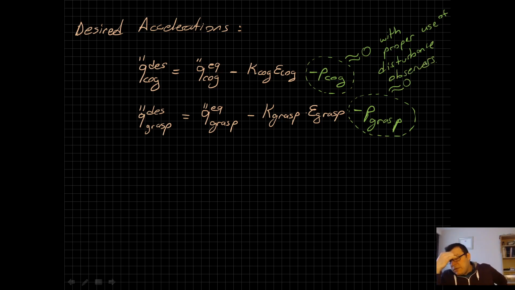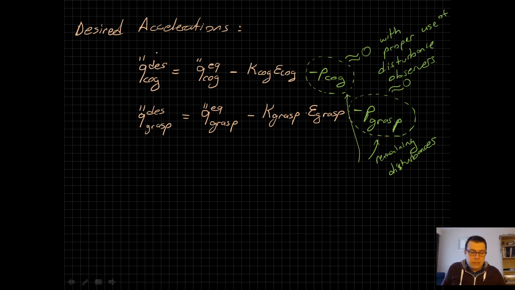If we design our disturbance observers in such a way that they perform very nicely in compensating the disturbances, we may assume that the remaining disturbances in the system will go to zero. So what we are left with is just this equation.